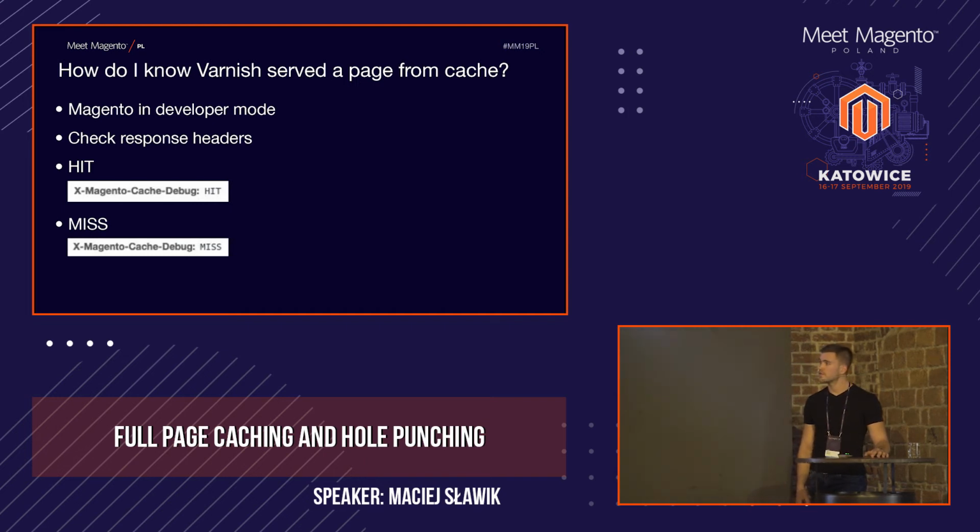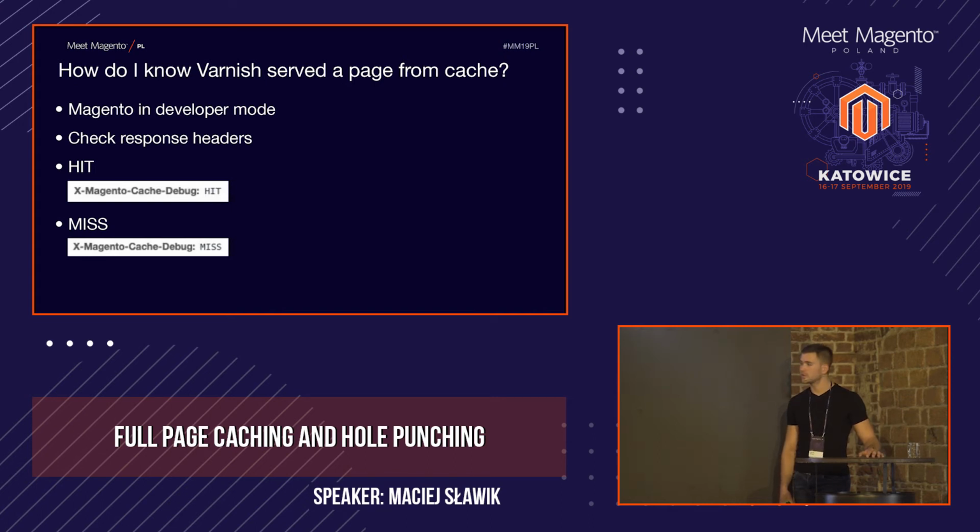But if not, when you are in Magento developer mode, you can check the response headers to find the Magento cache debug header, and if it was a hit, it means that the response was sent directly from Varnish, and if it was a miss, it means that the response was generated by the application server.